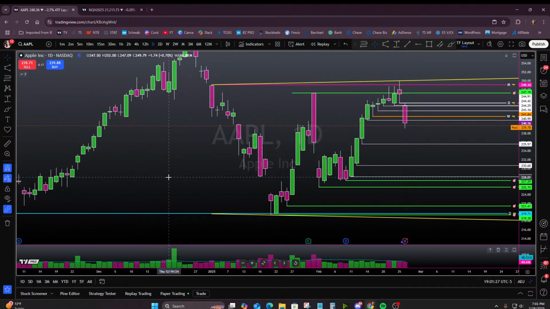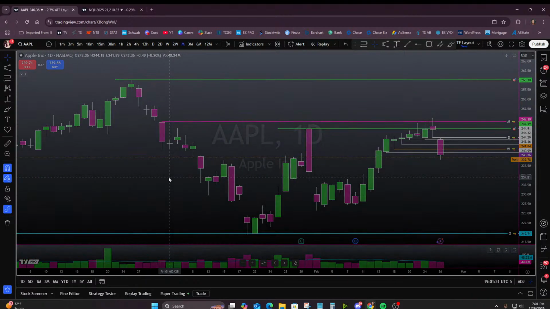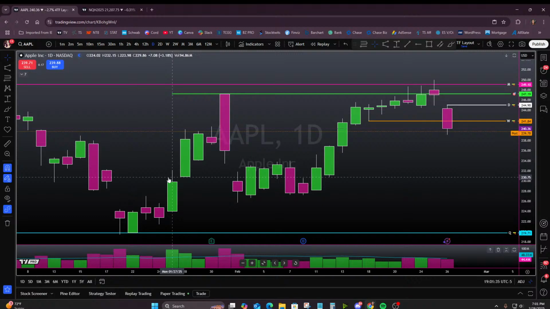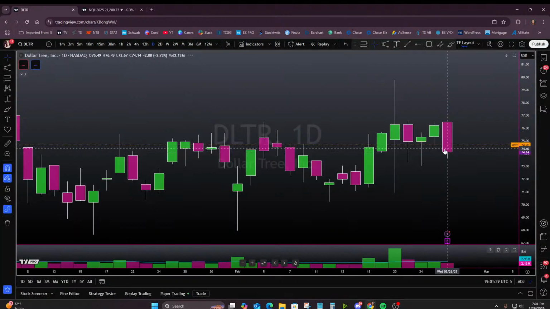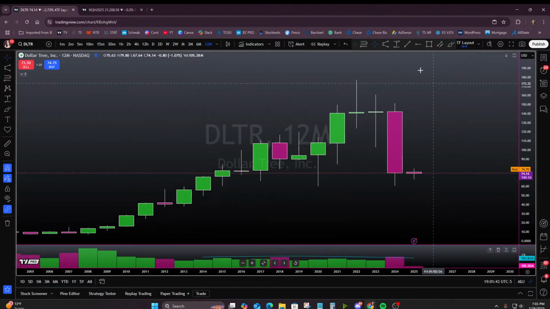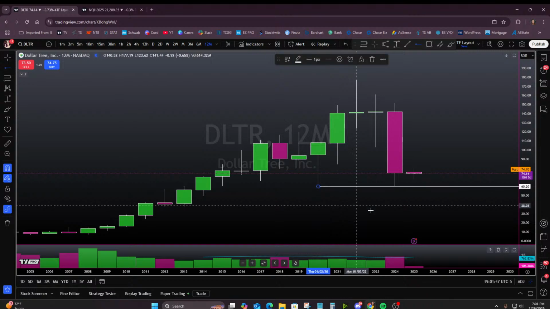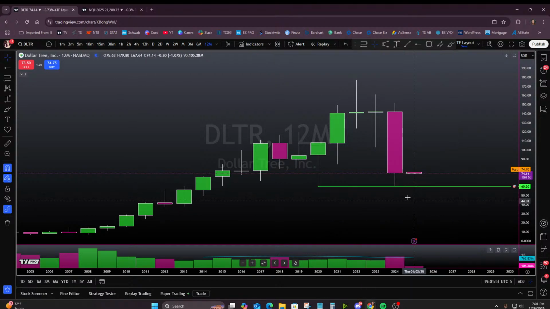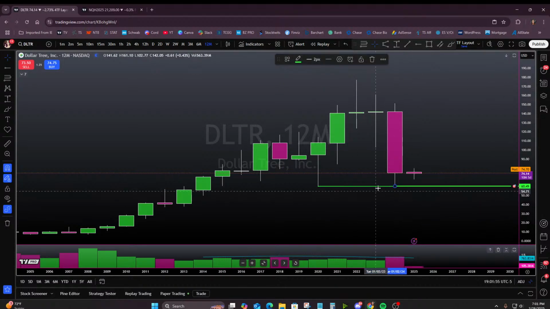Dollar Tree. I haven't looked at that stock in forever. Let me delete all this because I don't like it. Wow. Obvious target. Double bottom target.